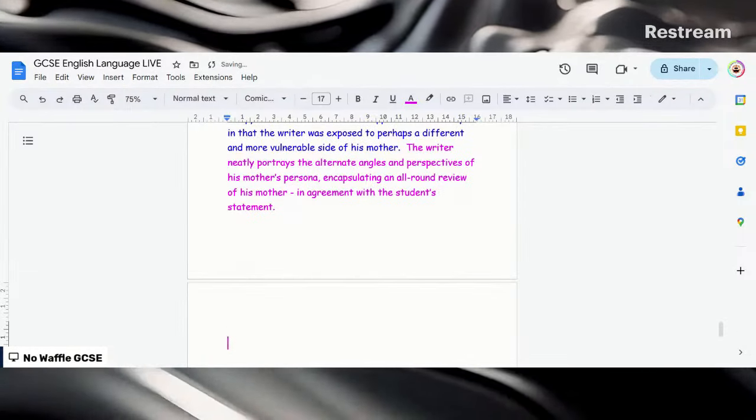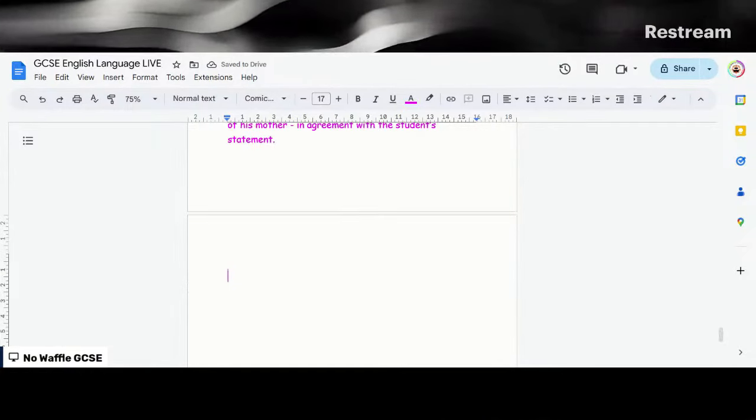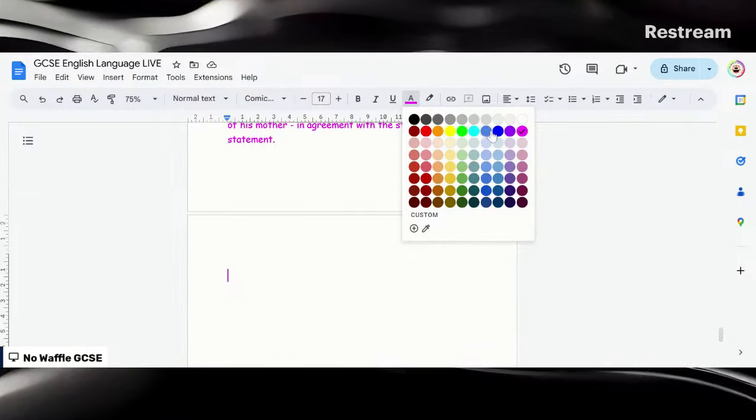And you can have a little paragraph if you want. I would suggest actually having a paragraph because you're talking your final opinion about whether you truly agree with the statement or not.